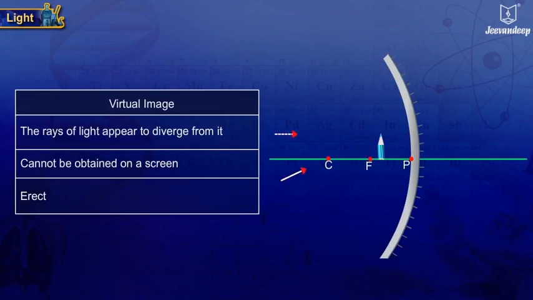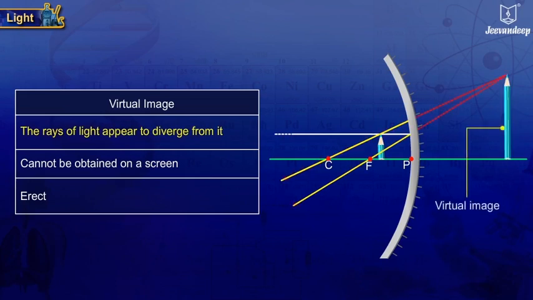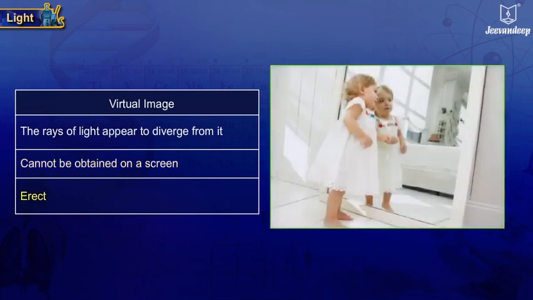An image from which the reflected or refracted rays of light appear to diverge is called a virtual image. So, it cannot be obtained on a screen. A virtual image is erect. The image made by a plane mirror is a virtual image.